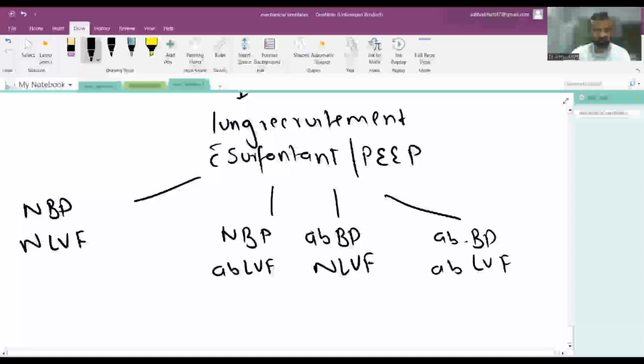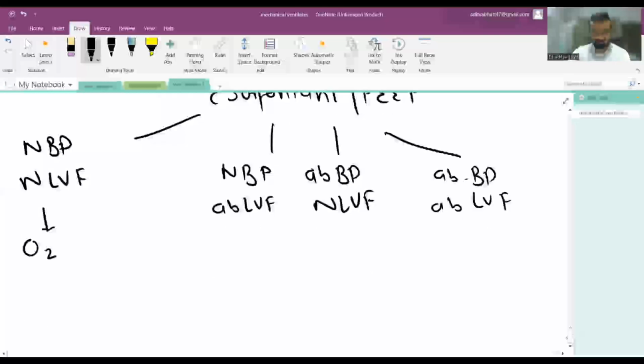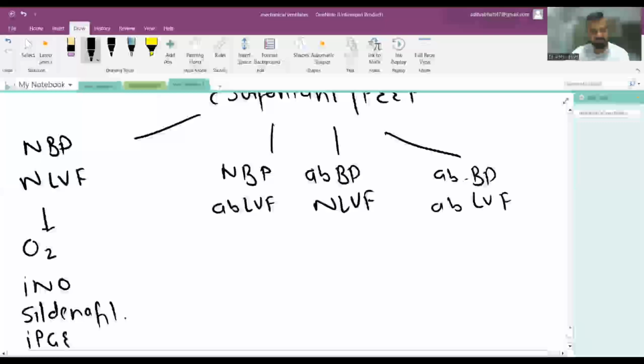In the first condition, give O2, give INO, give sildenafil, and give inhaled PGE1 or inhaled PGI2. The next one is normal BP with abnormal LV function: IV milrinone.